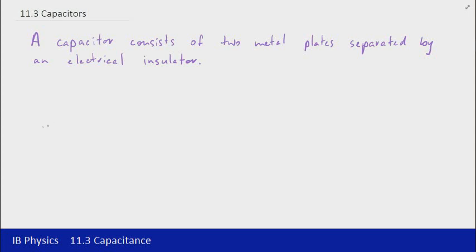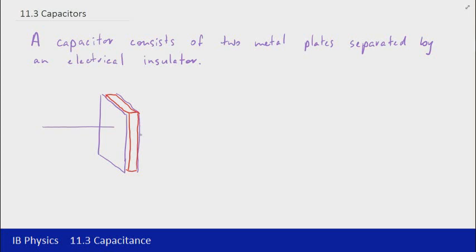So in terms of a diagram, at its very simplest form, you can think of a capacitor as containing the two plates. It looks something like that, and in between the two plates we would have our insulator. That insulator keeps the two plates separated, and as we'll see later, it can also affect the way that the capacitor operates.